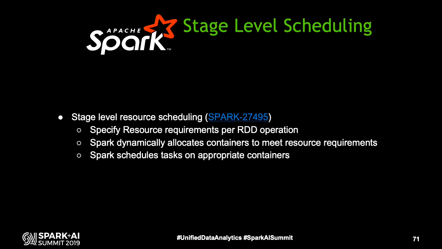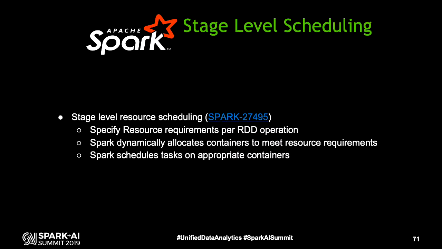To solve this, we basically have a proposal. SPARK-27495 is a proposal which has actually passed to implement this in Spark. How we're proposing to do this is you specify the resources needed for a specific RDD, and that RDD will end up being put into a Spark stage.